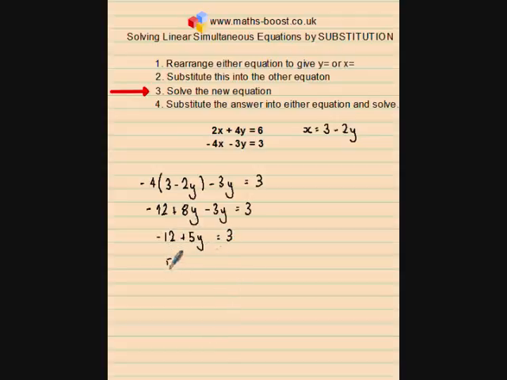I'm going to add 12 to both sides. In other words, 5y equals 15, and then I'm going to divide both sides by 5 to give me y equals 3, and that's the first part of my solution. I've got one of the solutions now, that y is equal to 3.